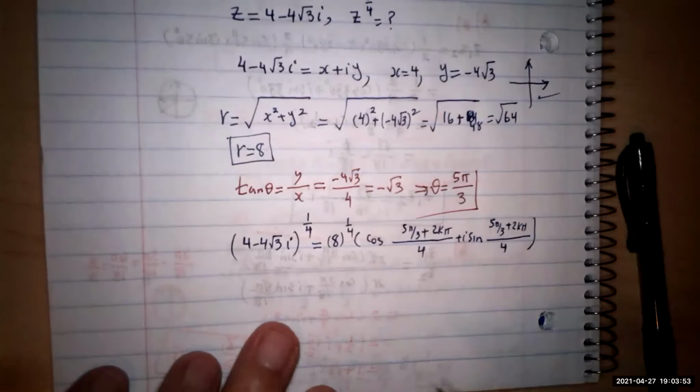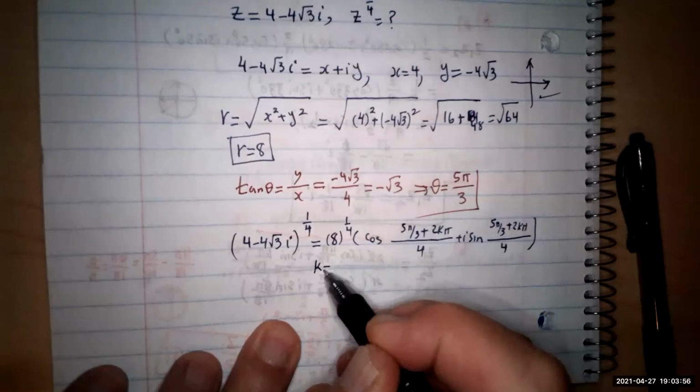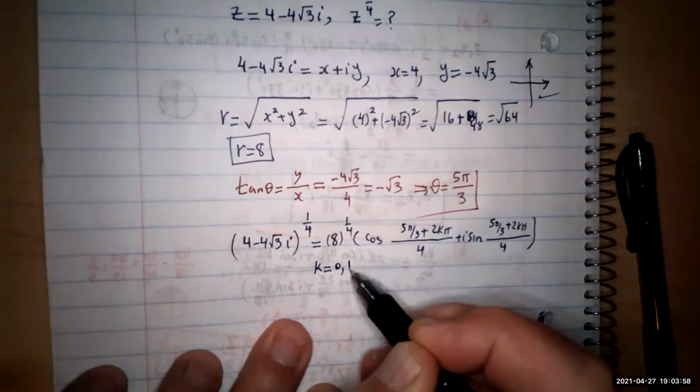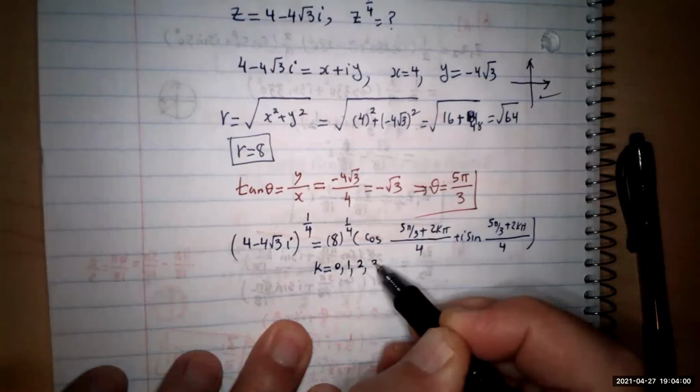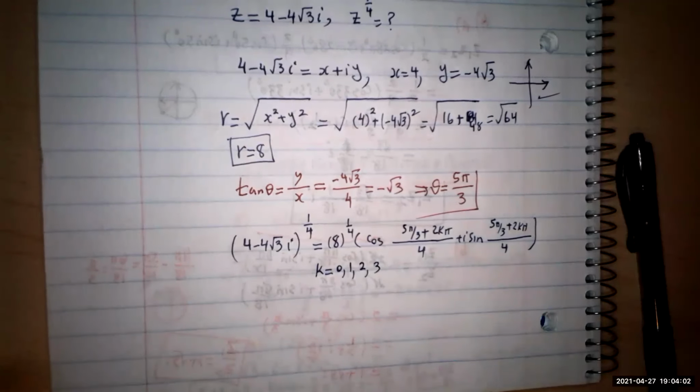Your k would start with 0, 1, 2, and 3. So that gives you the format of the solution.